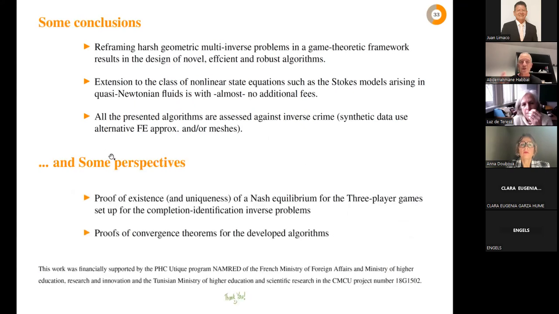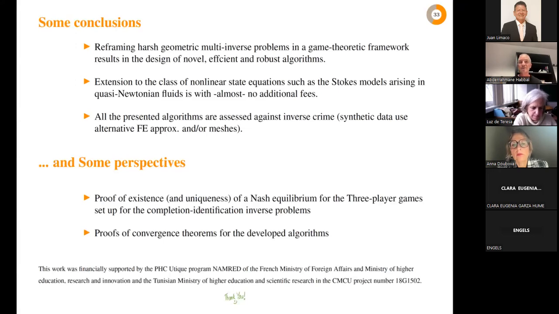And so to conclude, it was very promising in our case to reframe coupled inverse problems within a game theoretic framework. It could yield new original algorithms, which turned out to be strikingly efficient.